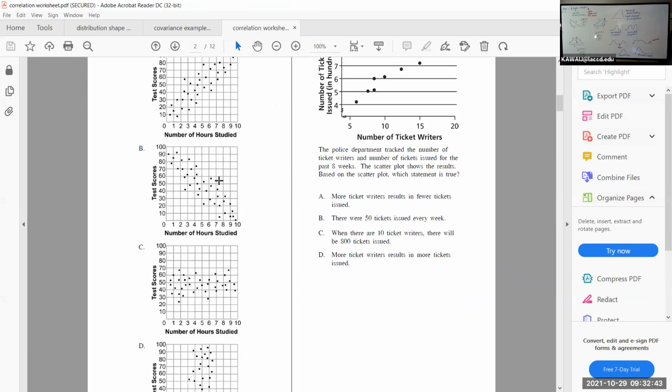So which one shows the best correlation? A, yeah, because when I study more, my test score goes up. Over here, this is a negative correlation, right? So if we were to write this in terms of correlation, this right here is my answer.